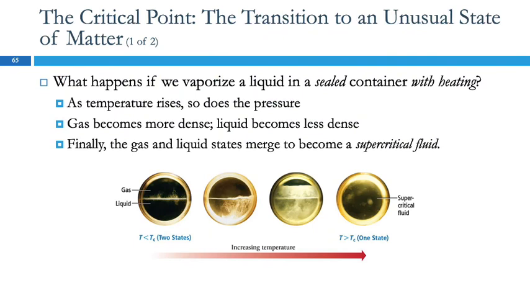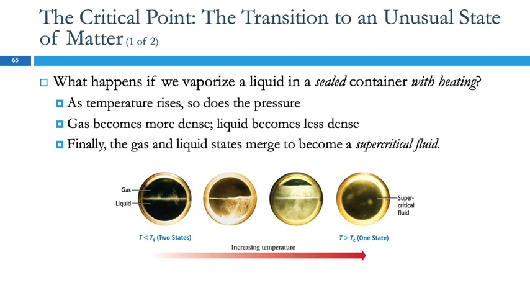We talked about heating a liquid or evaporation in an open container. We talked about evaporation in a closed container. What if we have evaporation in a closed container and we're heating it? So here's a picture. There's gas here and liquid here. So we have 2 states.